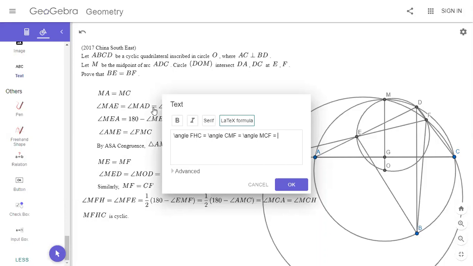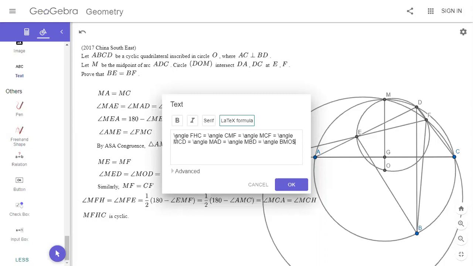I think it's because CMF is equal to MCF is equal to angle MCD is equal to angle MAD, equal to angle MBD is equal to angle BMO.